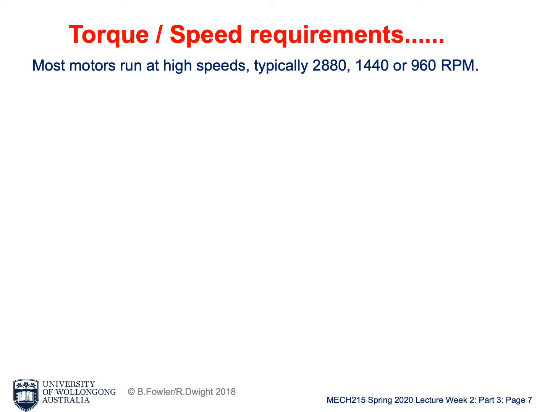So for example, if you have 2 poles, your speed in Australia will be 2880. You have 4 poles, you get 1440. You have 6 poles, you get 960. You can't really get a motor to run at, say, 2000 RPM. It doesn't really exist, because if you don't have advanced control and you connect the motor to the power line, the motor speed is decided by the frequency of the power supply.